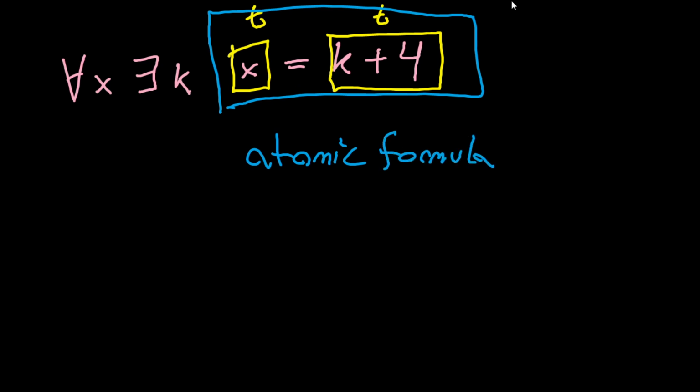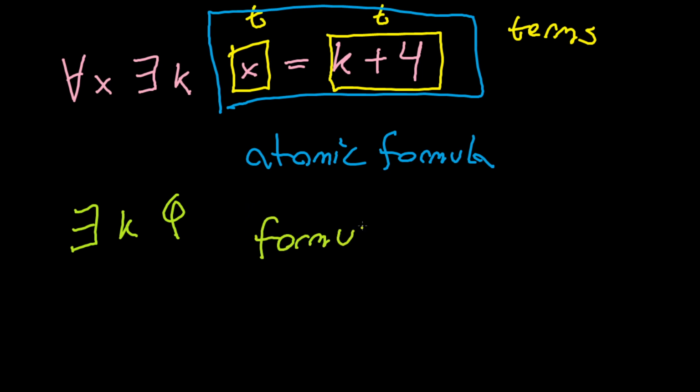These yellow things over here are the terms. And then finally, in green, the atomic formula phi: we simply say exists k of phi is a formula, and for all x exists k of phi is a formula.